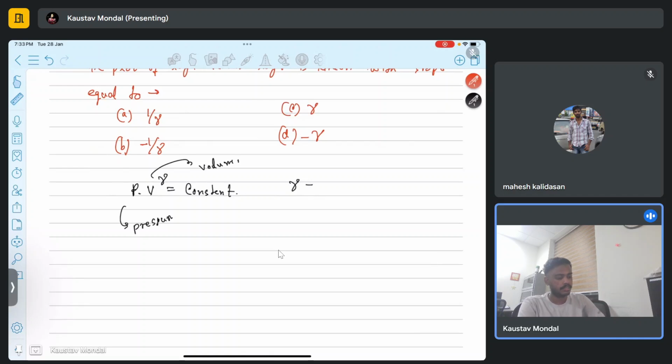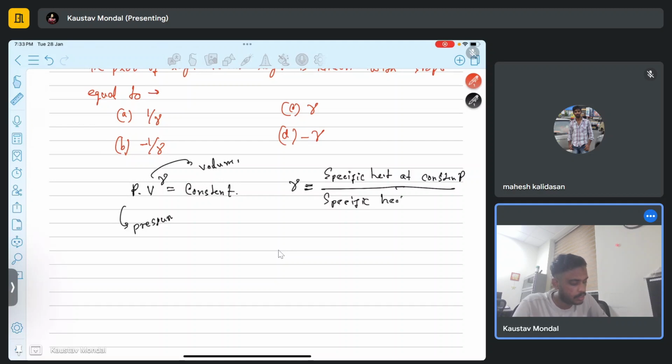This is basically the ratio of specific heat at constant P and specific heat at constant V. So gamma will be simply Cp by Cv.